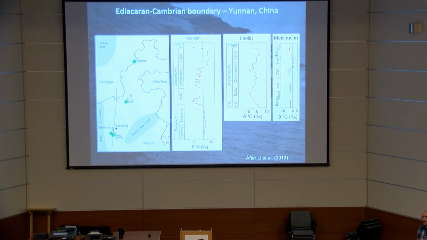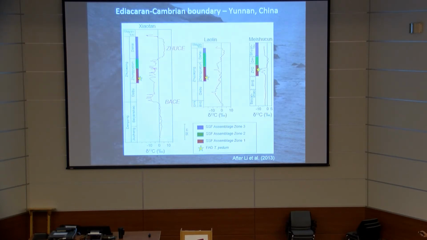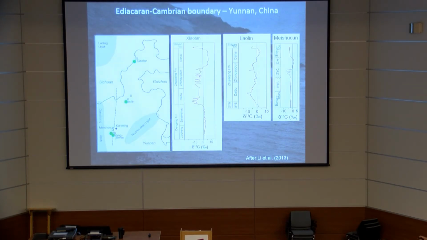Now, moving on to the new data from northeast Yunnan province in China that Mao Yan pointed out in an earlier talk. I don't need to get into any details. The Xiaotan section appears to be the most complete with the best chemostratigraphic record, and has been discussed in multiple talks in this symposium. There are also two additional sections, the old Meishucun section and the Laolin section.